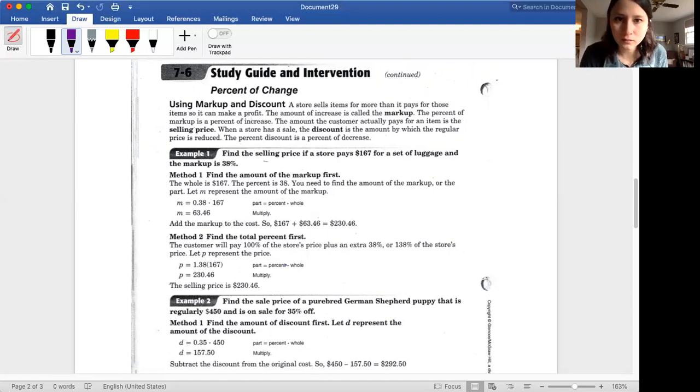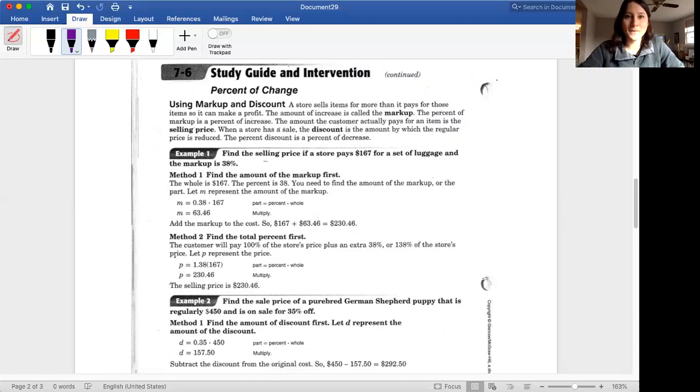And so when the store sells an item for more than what they paid for, that is called a markup. So when the price increases, there's a markup. And that's how the store makes a profit.